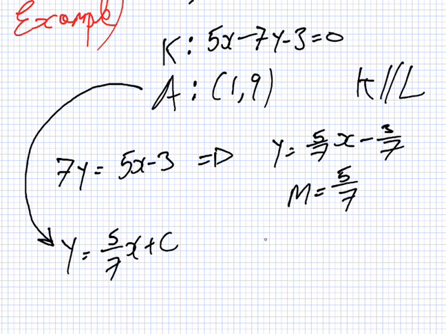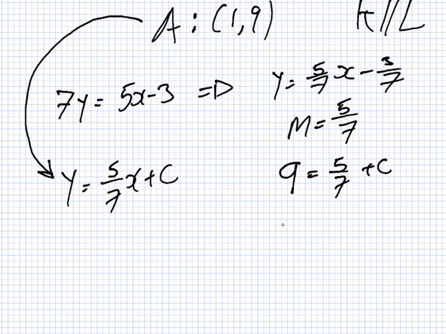So now I get 9 equals 5 over 7 plus c. Well, 9 over 63, 58 over 7? Is it? Hang on. No, let me try that again. I can do it.